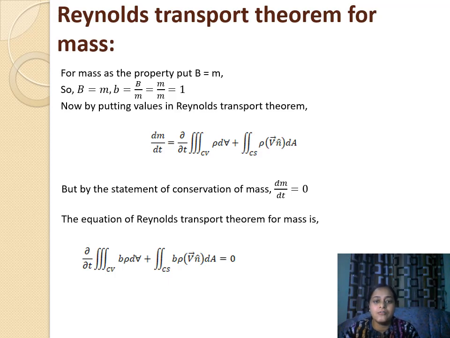Now putting the values in the Reynolds transport theorem, and by the statement of conservation of mass, dm by dt equals 0. Finally the equation of the Reynolds transport theorem for mass is del by del t triple integral at control volume rho b d-volume, plus double integration at control surface b rho V bar dot n cap dA equals 0.